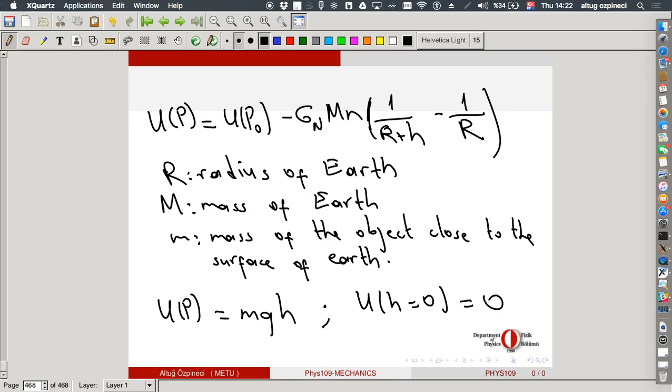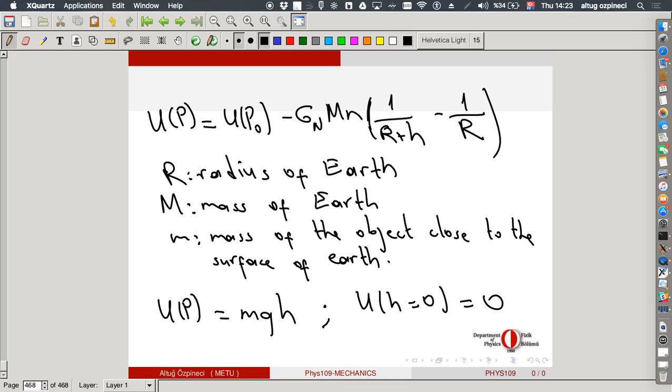So we have two expressions for the potential energy, and they look completely different. How can we be sure they are consistent with each other?